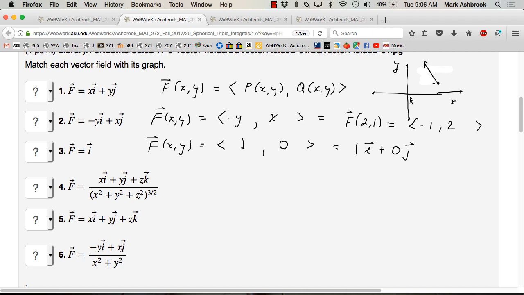And if I'm at the point negative 3, positive 2, then the vector will be negative 2, negative 3.